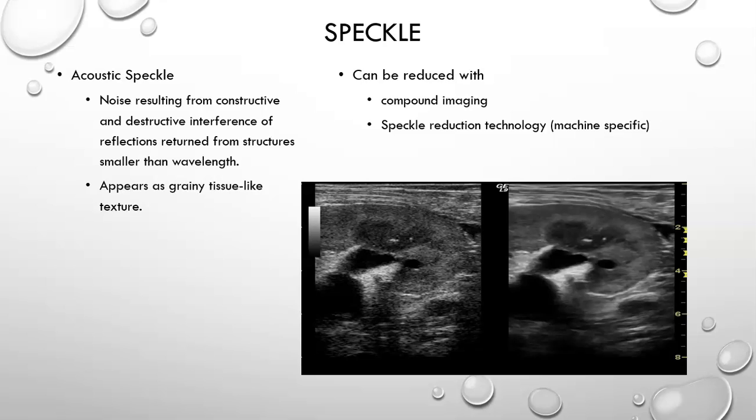They think it looks wrong to their eye, and so they initially will start putting speckle back in order to make it look like an ultrasound. So anyhow, that's speckle. Speckle is the result of constructive and destructive interference from reflectors smaller than the sound beam.